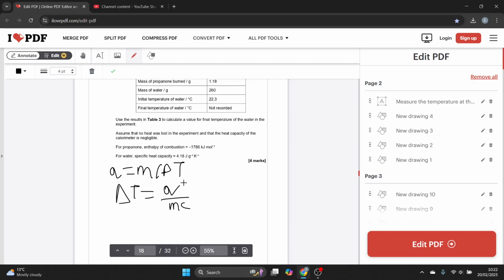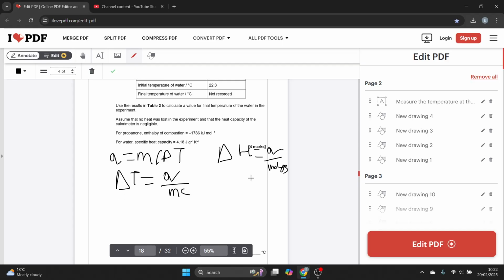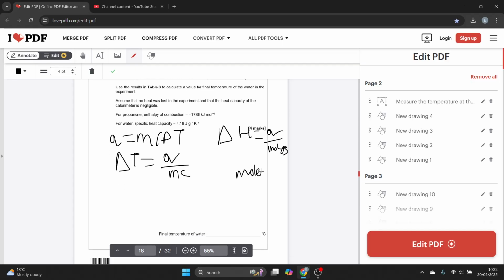I can't find out Q because I don't know delta T, so I'm going to use delta H equals Q divided by moles. Moles equals mass over Mr. Now rearrange: delta H is Q divided by moles, so Q equals delta H times moles.